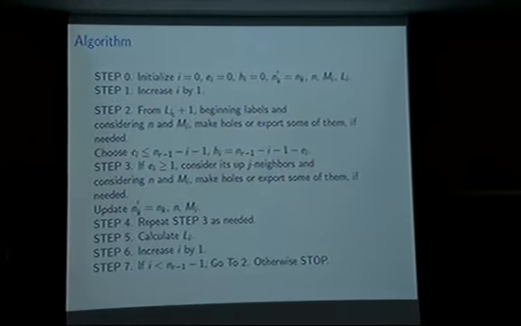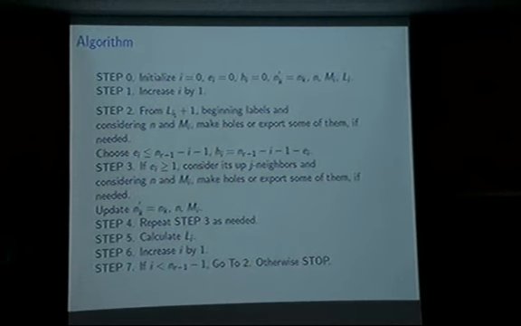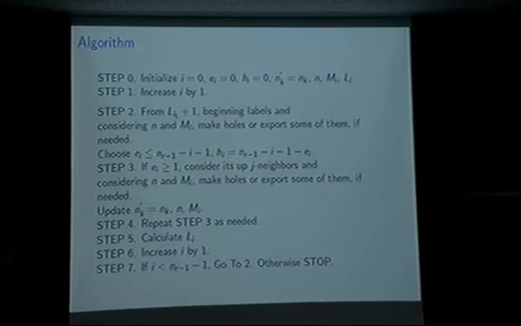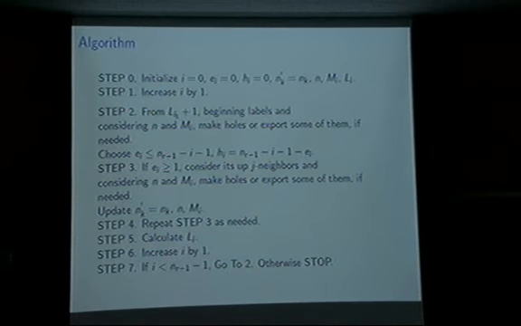And this is the number of exported ones from the ith layer. There should be at most this many. And if there is some export, then consider its neighbors. And again, considering your adjusted M_i, you make some of them holes or export some of them. And just repeat as much as you need.